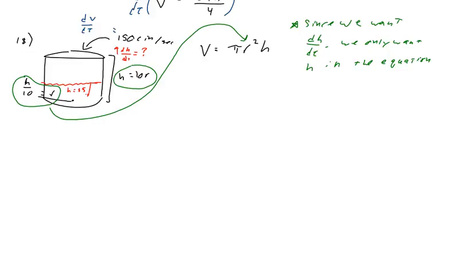So I'm going to replace the r in terms of h. V equals pi (h over 10) squared h, which is pi h cubed over 100. And then we do d/dt of that, and we get our equation.